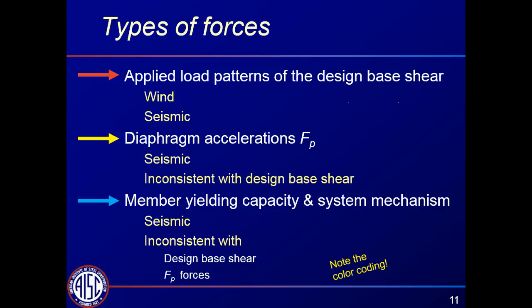For clarity in this seminar, I've done color coding. So red here will mean the base shear forces, yellow will mean these diaphragm forces F sub P, and this color blue will represent mechanism forces.